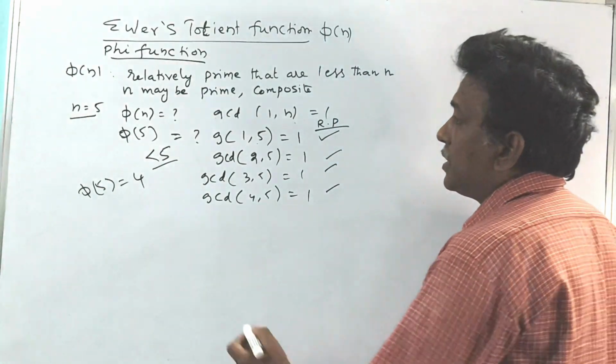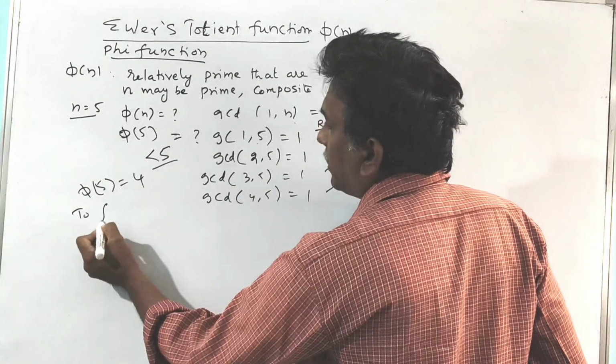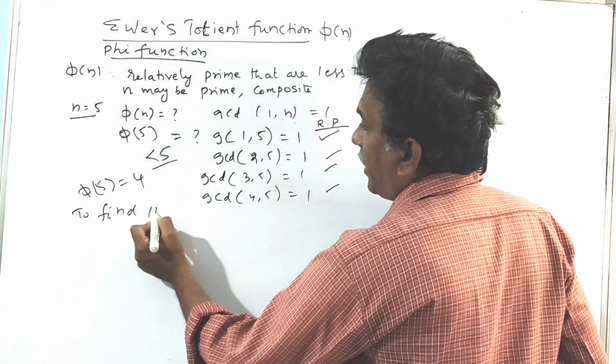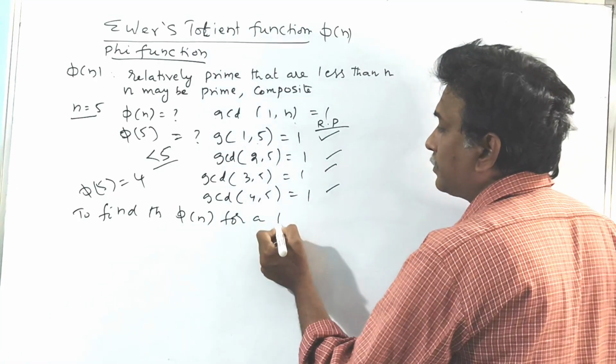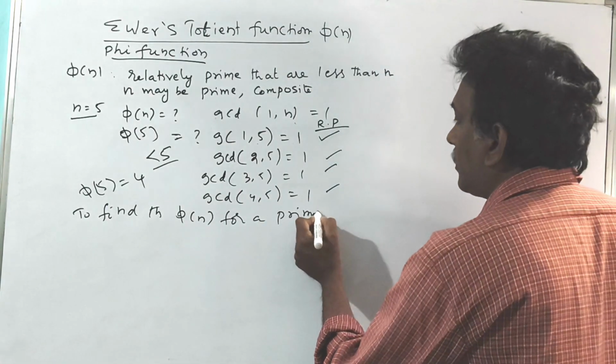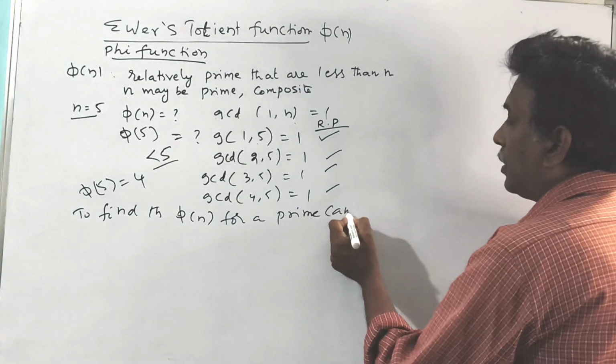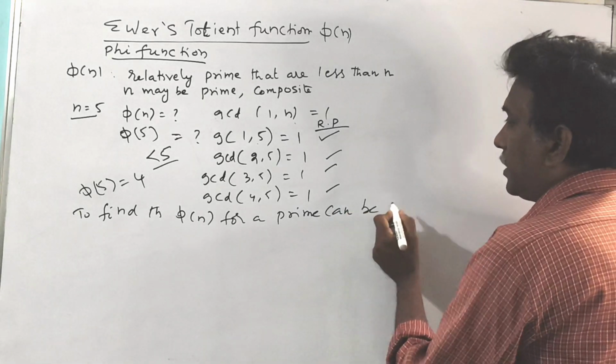So the formula to find phi of n for a prime n is phi of n equals n minus 1. Simple formula.